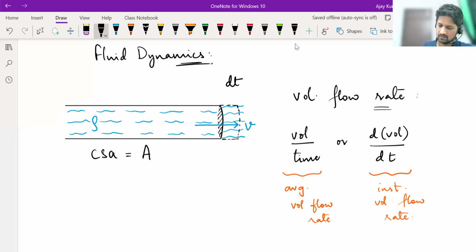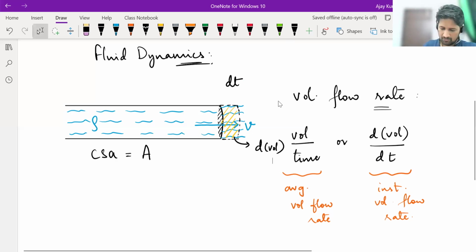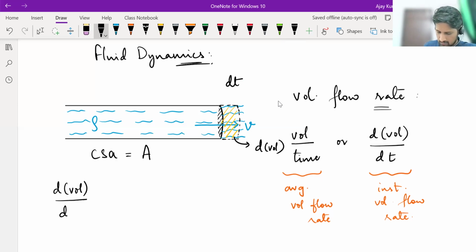I'll shade that volume in yellow. That will be a small volume if the interval is small. So we'll call it dV, a small volume that flows out. What we need to derive is that volume divided by the time in which it flows through that cross section.